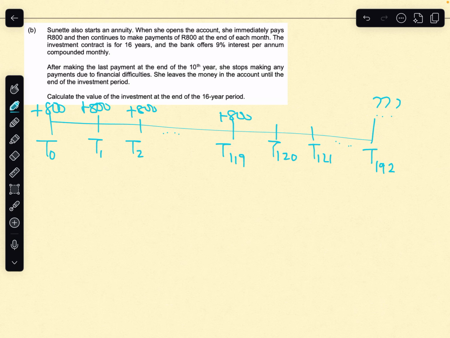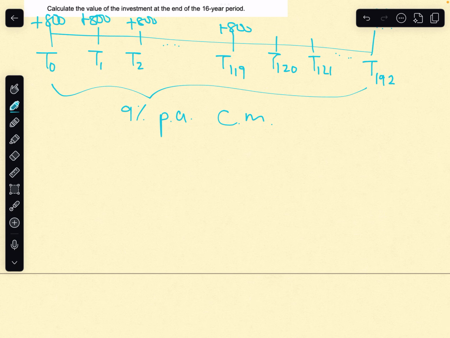And all this while, we have an interest rate of 9% per annum, compounded monthly. So the normal future value formula is, let's see if I remember this.